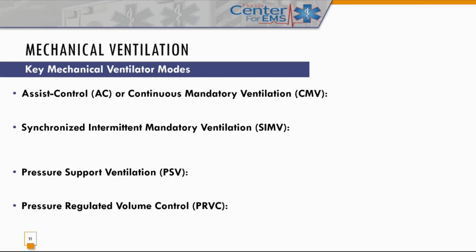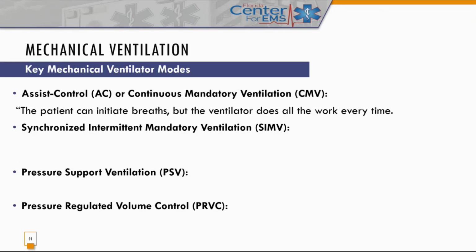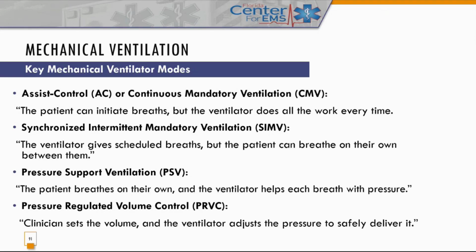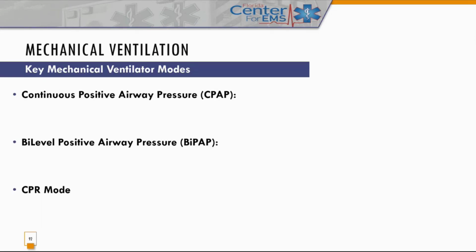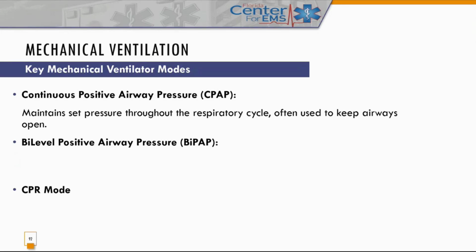Pressure support ventilation is like with BiPAP, where you're going to have a kick when they inhale. Pressure regulated, every breath has to hit a certain pressure. CPAP mode, BiPAP mode, we talked about. CPR mode, I've already mentioned.